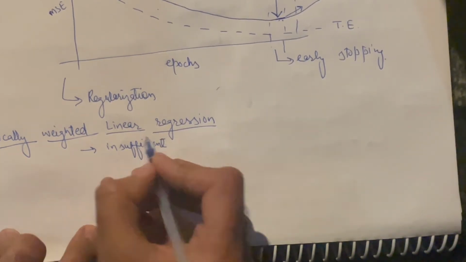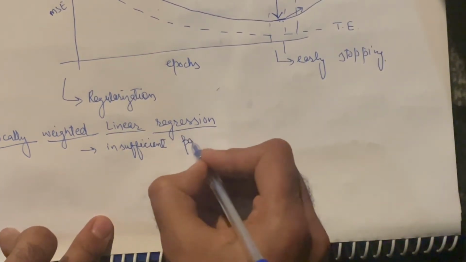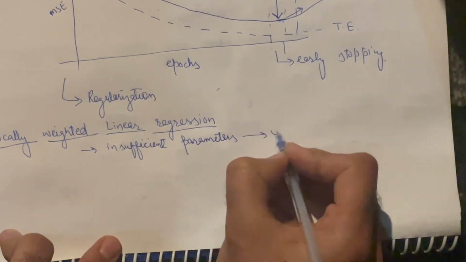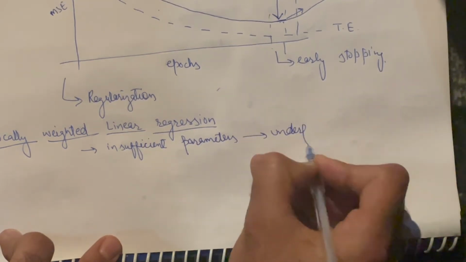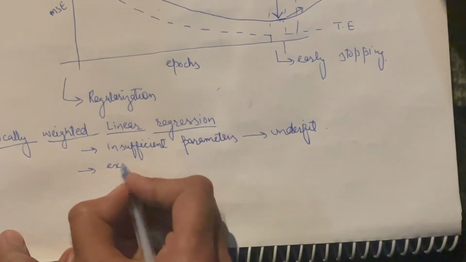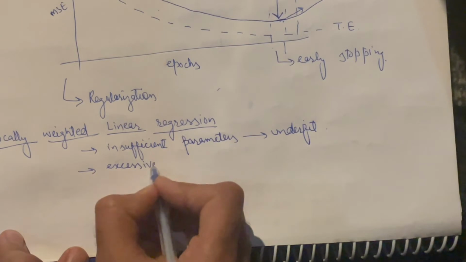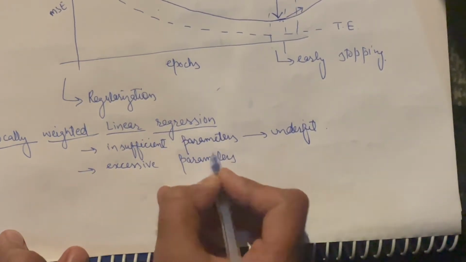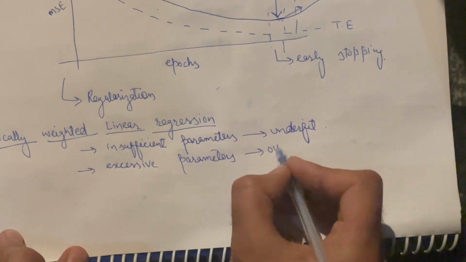We have seen that if we have insufficient parameters, meaning a simple model with very few parameters, this results in underfitting. And if we have excessive features, excessive parameters, then it results in overfitting.